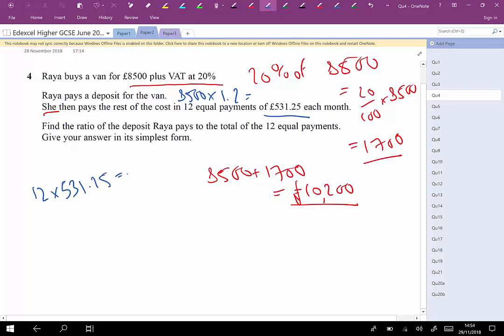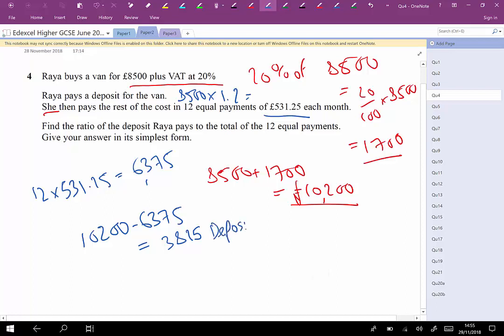So times that by 12 to get £6,375. Oh, so the deposit must be the remainder. So 10,200 take away 6,375 gives you 3,825. Are you happy there?